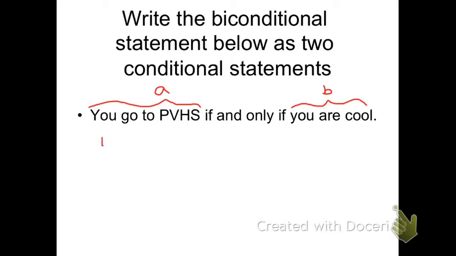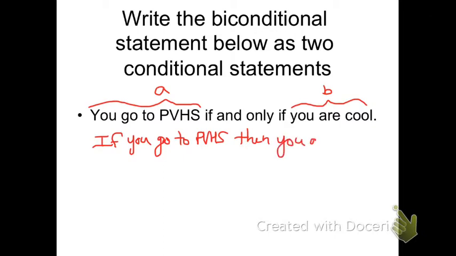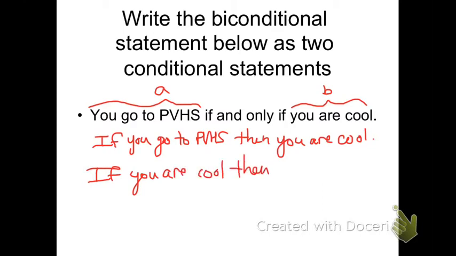So if A, so if you go to PVHS, then B, then you are cool. So that's if A, then B. We also want if B, then A. So if you are cool, then you go to PVHS.